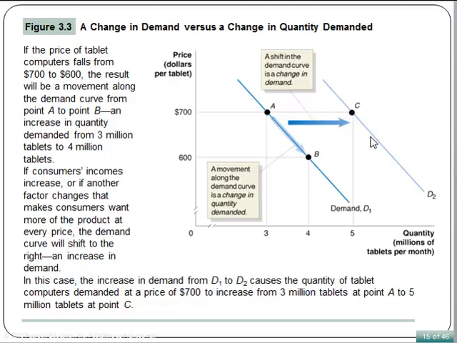So in this case, the increase in demand from D1 to D2 causes the quantity of tablet computers demanded at a price of 700 to increase from 3 million tablets at point A to 5 million tablets at point C. So movement along the curve is caused by the price change, and the shift, or we say change in demand, is caused by other factors.